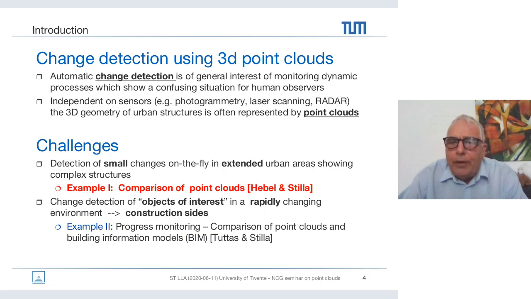Change detection using 3D points is of general interest for monitoring dynamic processes which show a confusing situation for human observers. That means when you have very extended areas and you should find out what has changed, that is a little bit difficult, and independent of the sensors, photogrammetry, laser scanner or radar. We are all working on the different sensors.